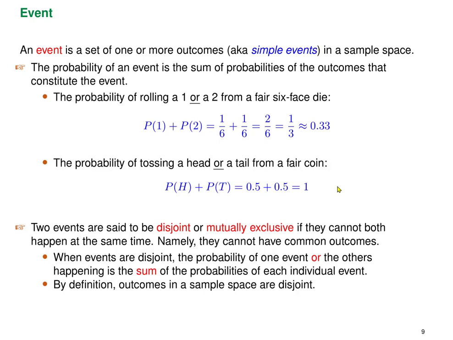Namely, they cannot share common outcomes. Generalizing the examples above, when events are disjoint, the probability of one event or the other happening is simply the sum of the probabilities of each individual event. Now, let's look at an example.